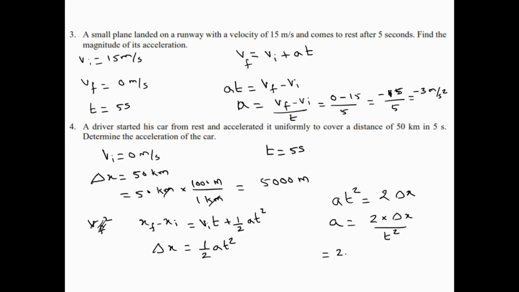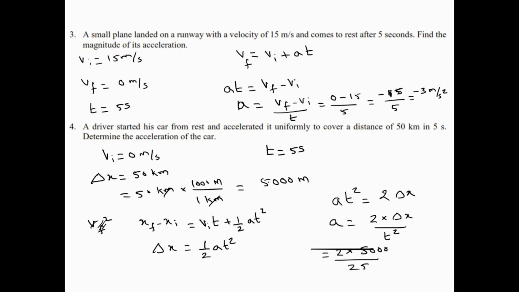I'm going to substitute the value. 2 multiplied by my delta x value, 5000, divided by my time square, which is 5 square, that means 25. Sorry, here it is 50,000.